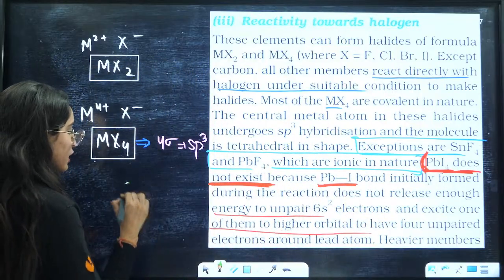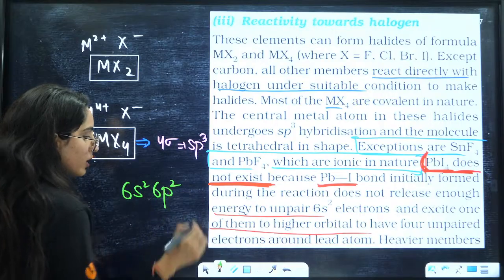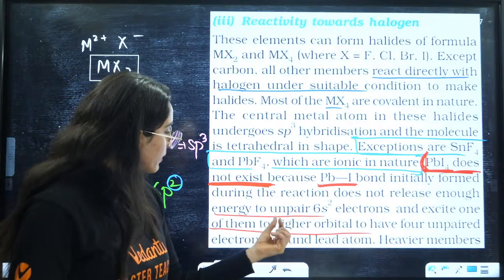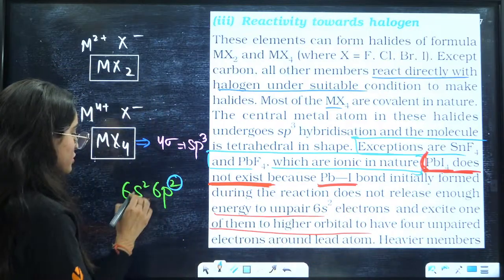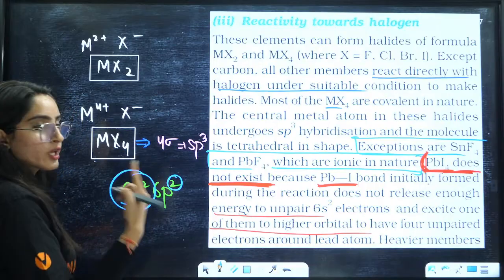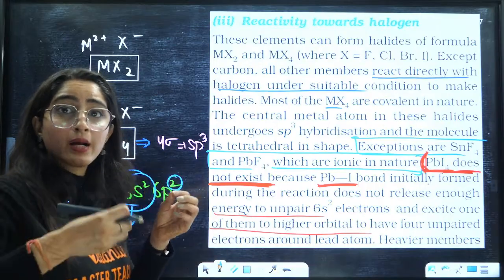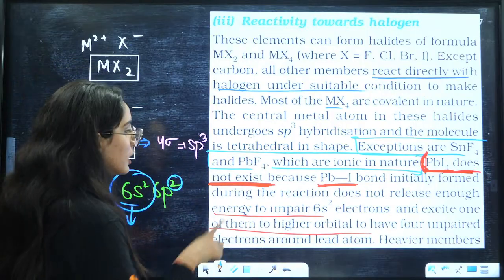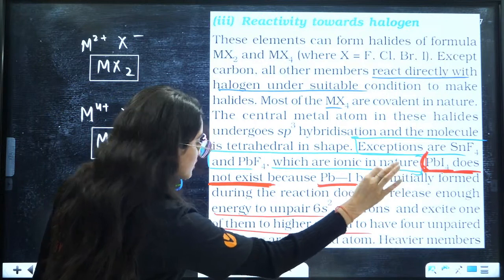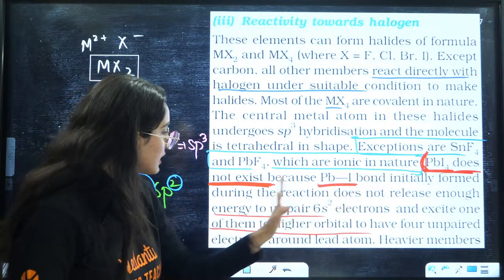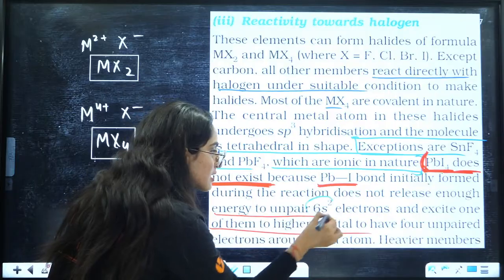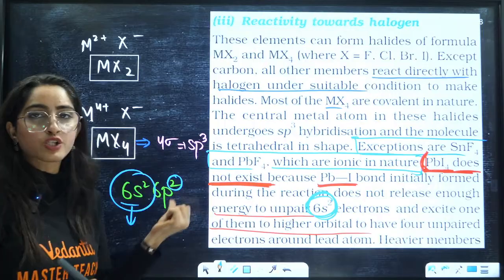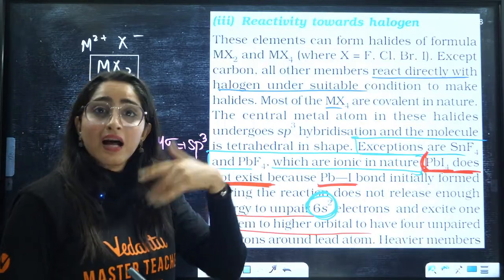Why? When you have 6s2, 6p2, one electron forms one bond, that is Pb-I. After that, what was supposed to happen? It should give us some electrons to pair up with the other iodine so that they can form a sigma bond. Now what is happening? The Pb-I bond initially formed during the reaction does not release enough energy to unpair the 6s2 electrons. If we unpair them, only then will they form sigma bonds with the other iodides.